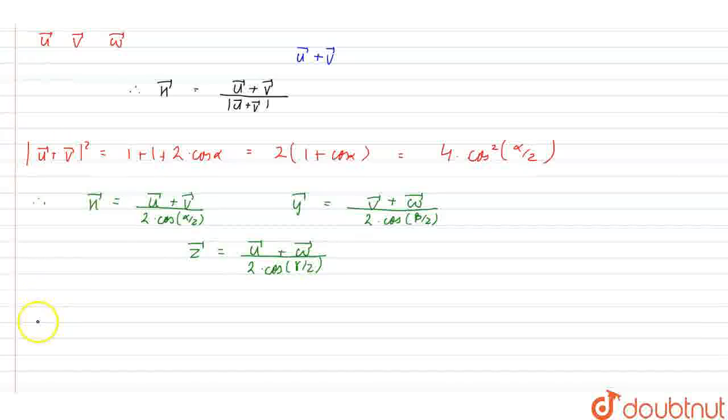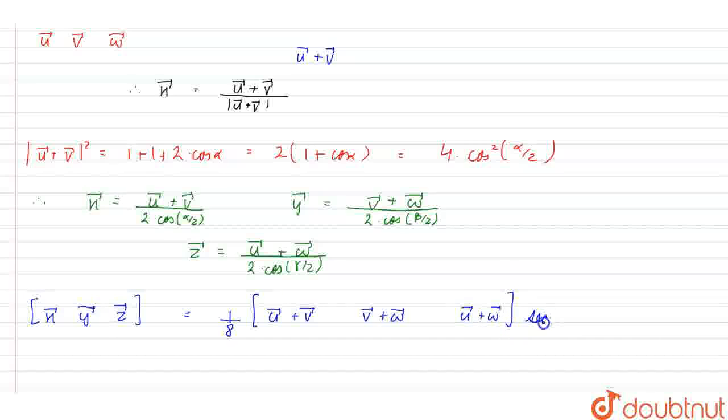Now if we calculate the scalar triple product of x, y and z, we get constant terms outside, so we get 1 by 8 into the triple product of u plus v, v plus w and u plus w, multiplied by sec alpha by 2, sec beta by 2 and sec gamma by 2.